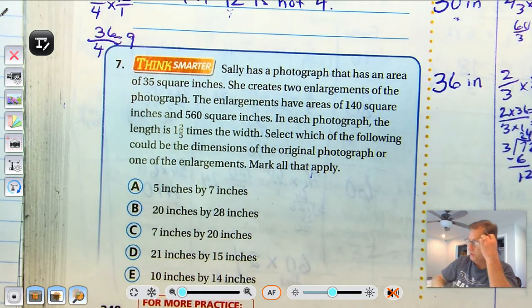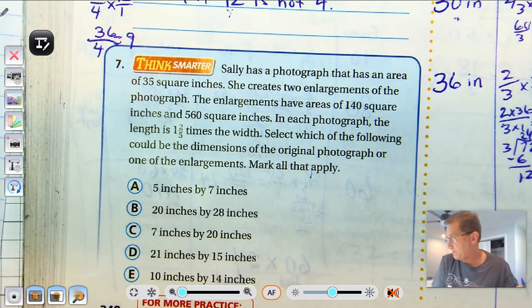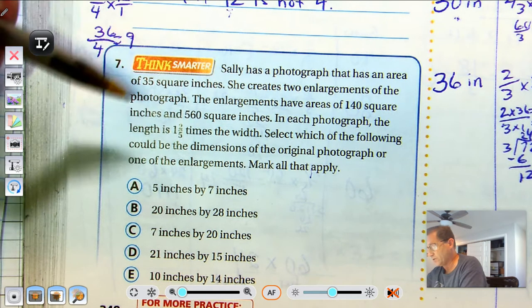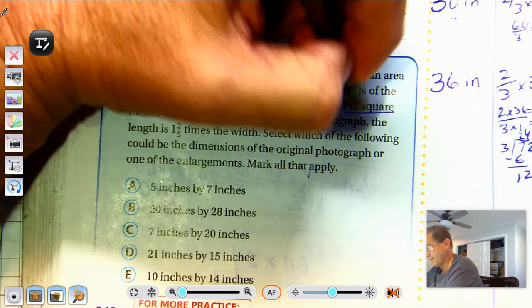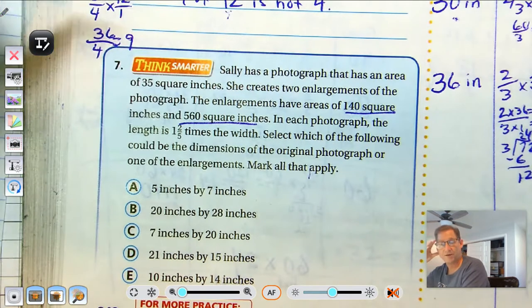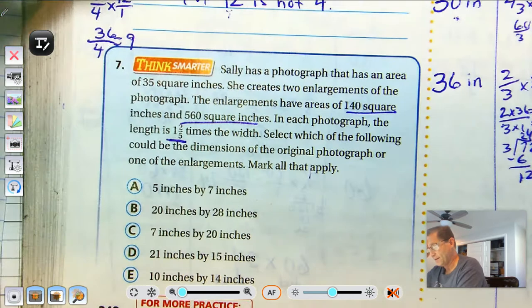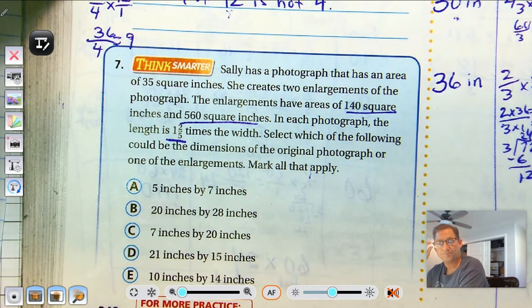All right, Sally has a photograph that has an area of 35 square inches. She creates 2 enlargements of the photograph. The enlargements have an area of 140 square inches and 560 square inches. In each photograph, the length is 1 2/5 times the width.